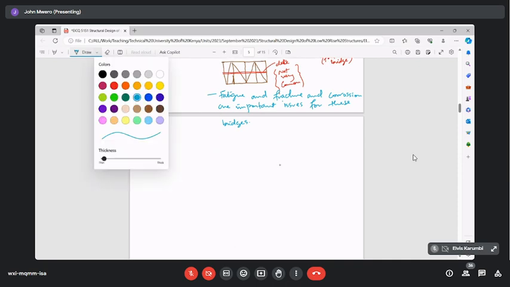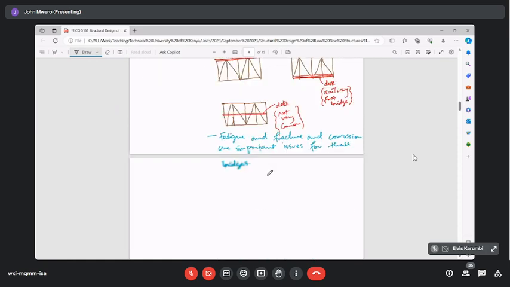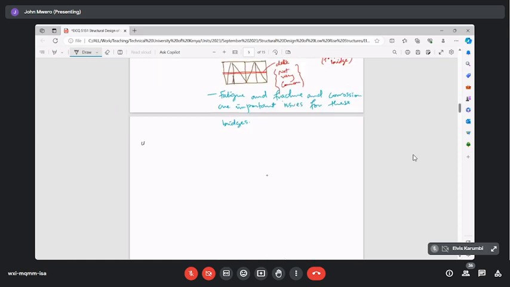We have a suspension bridge. The deck is suspended on cables, which you know, is suspended on some tension members that are tied to a cable.